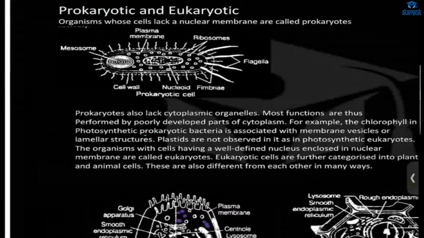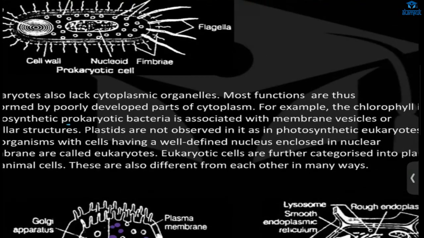Now, prokaryotic and eukaryotic cells we have already discussed. Prokaryotic cells lack a true nucleus. They have a nucleoid, and organelles and membranes are not present. They don't have plastids like the photosynthetic eukaryotes.